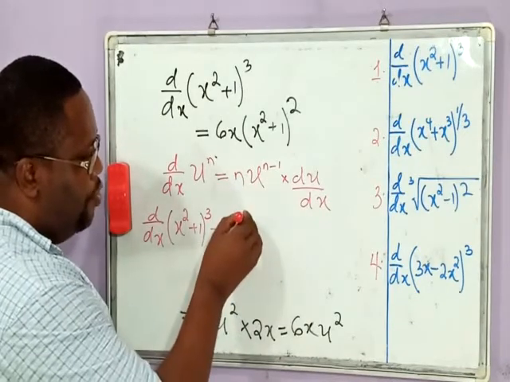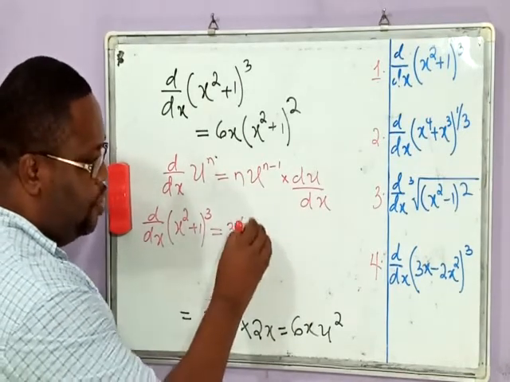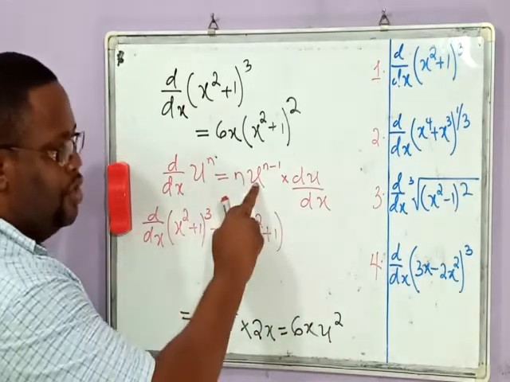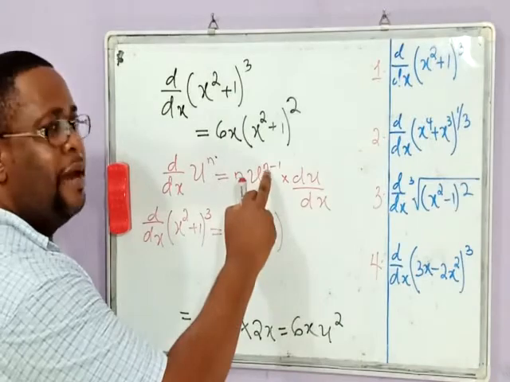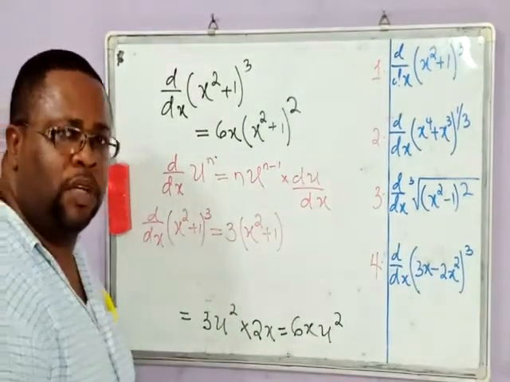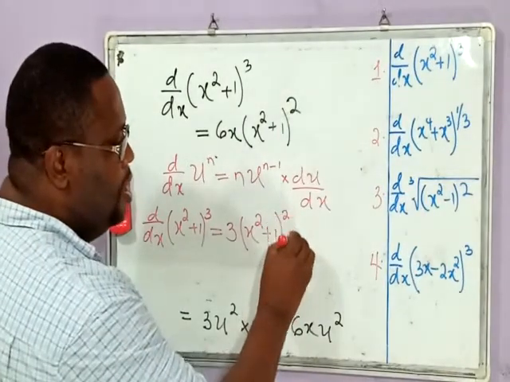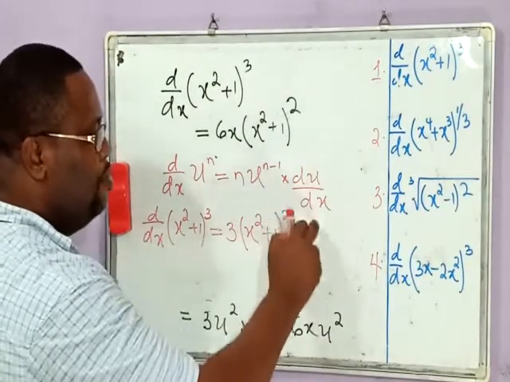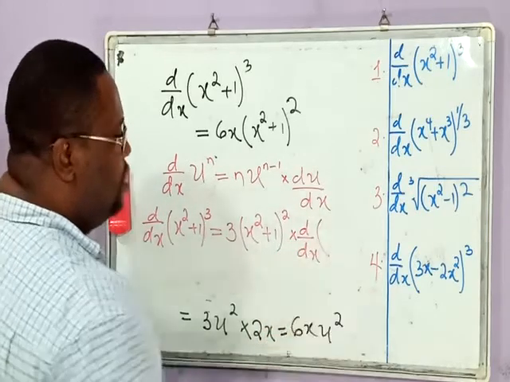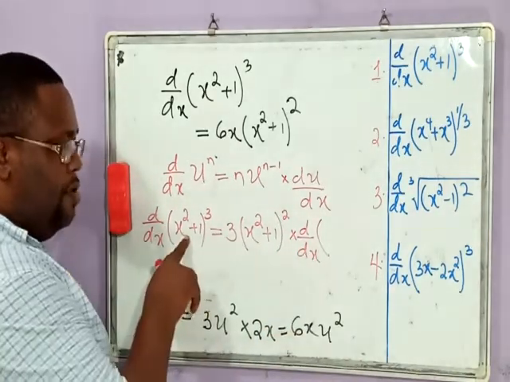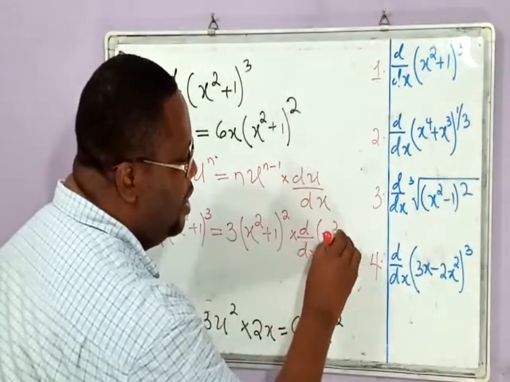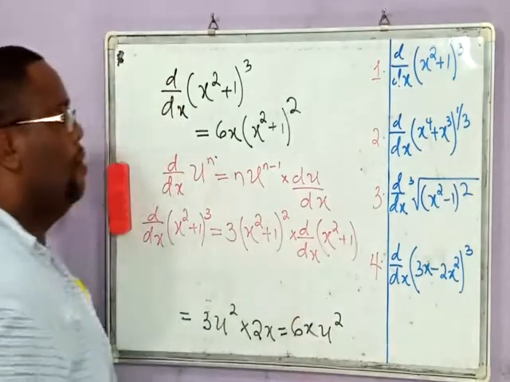Then I'm going to repeat my u without touching anything as far as the u is concerned. That is u here. Then we take n minus 1. n is 3. When I take 3 minus 1, I simply get 2. Now the whole of this is multiplied by du by dx. What was my u? Look at my u here. x squared plus 1. So I simply have d by dx of x squared plus 1.